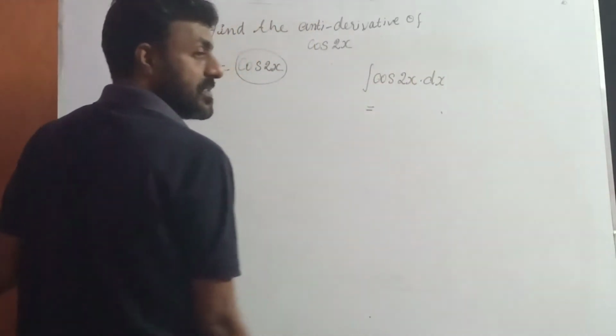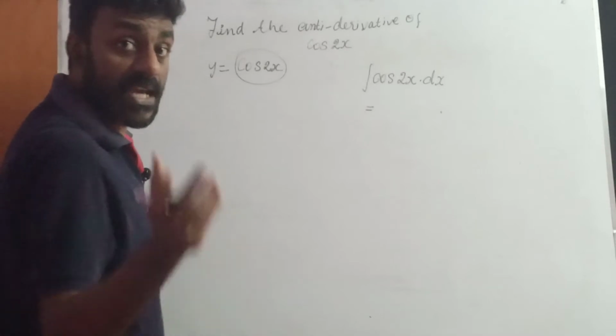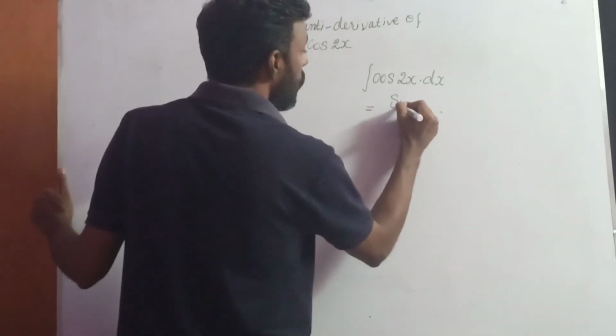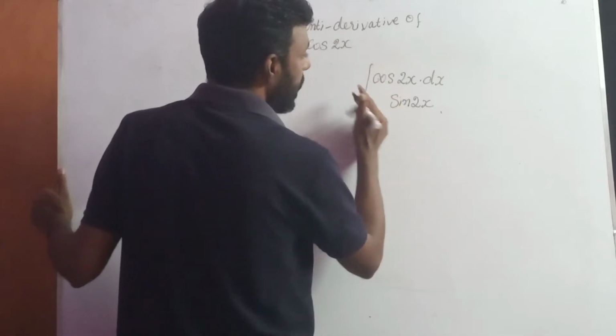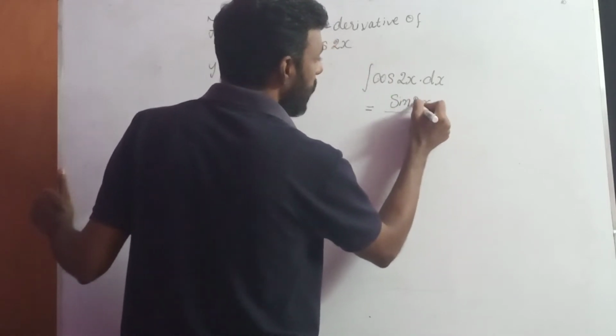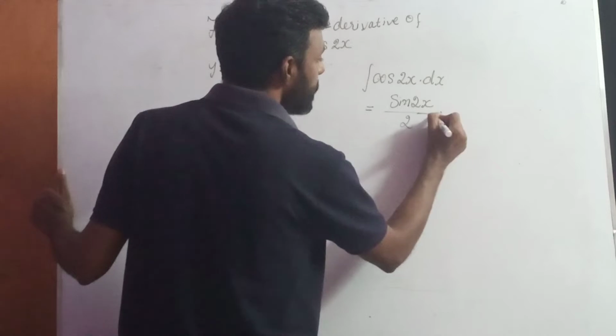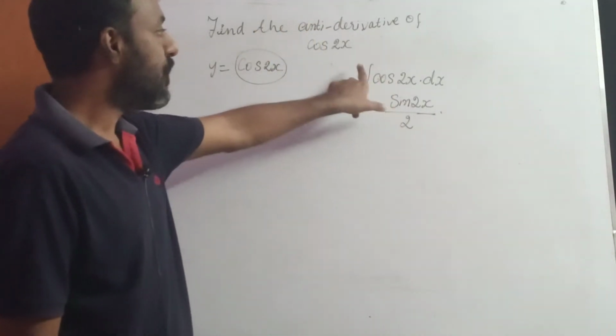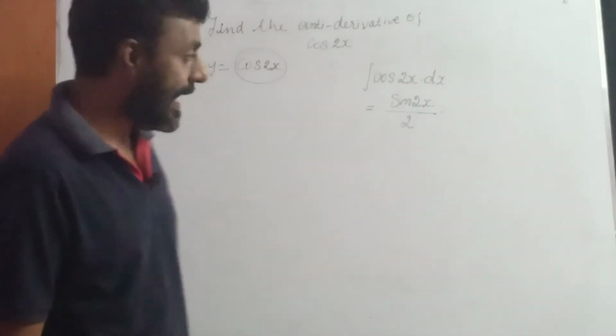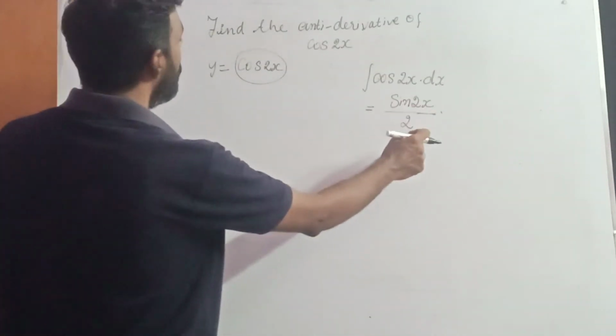Integral of cos is sine, which is sine of 2x. This is not a differentiation, this is integration. So I'm bringing this 2 over here. Sine 2x divided by 2 is the value I will get if I integrate cos 2x dx.